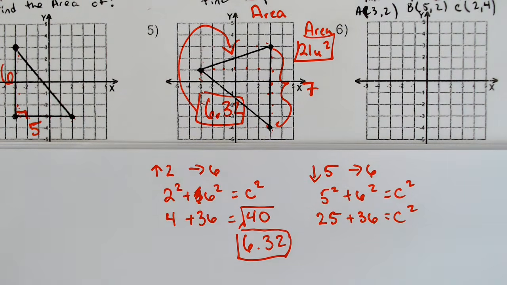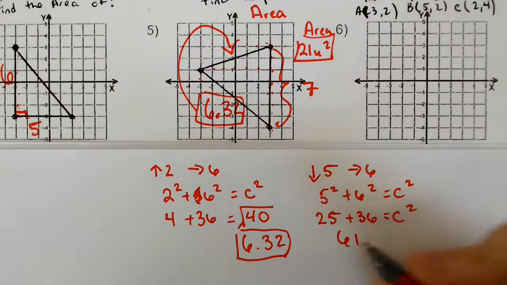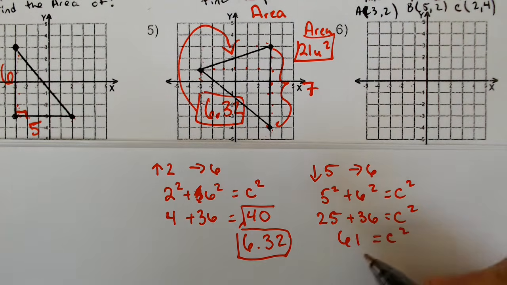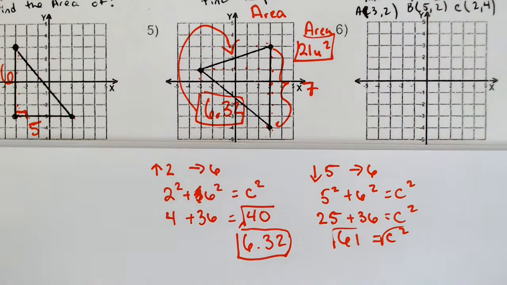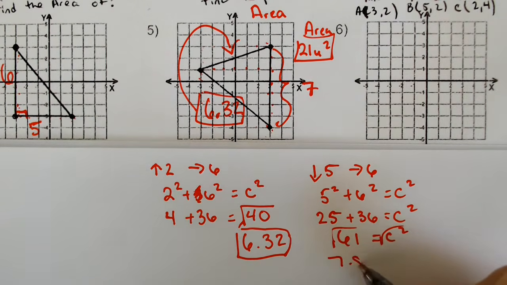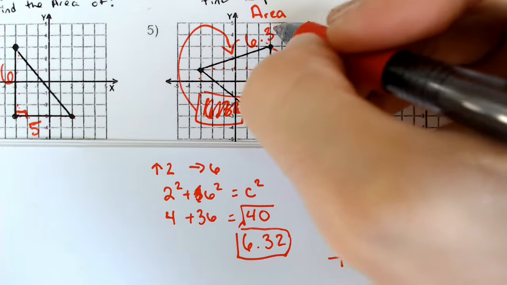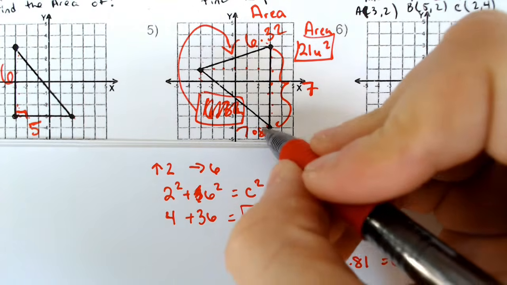Add them together, and we get 61. So 61 is equal to c squared. The square root of 61 gets us our answer, and that is 7.81. So this side is 6.32, but this side down here is 7.81.